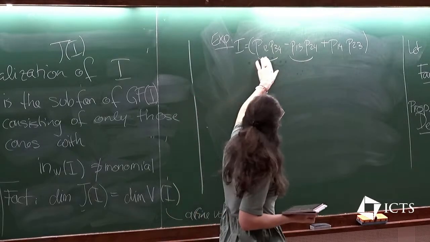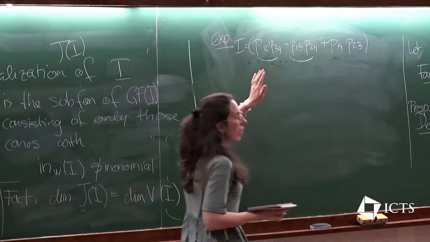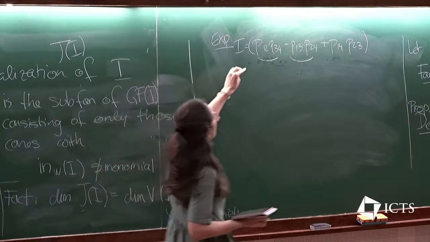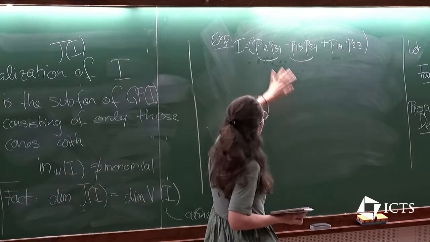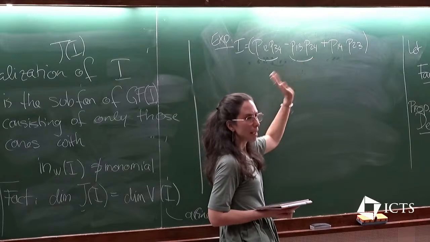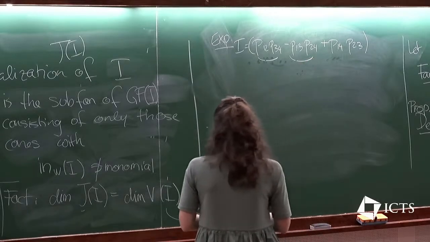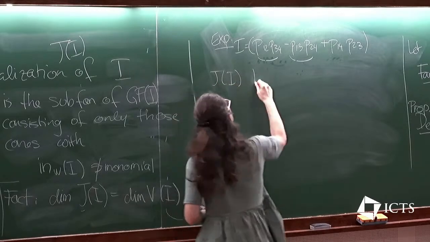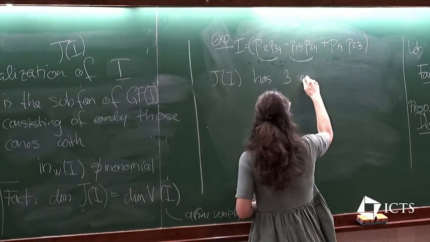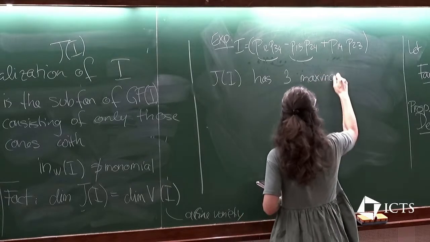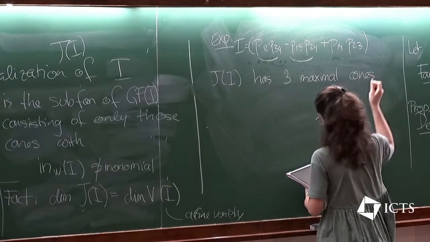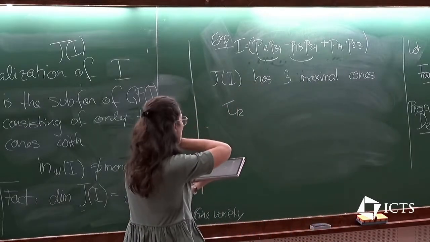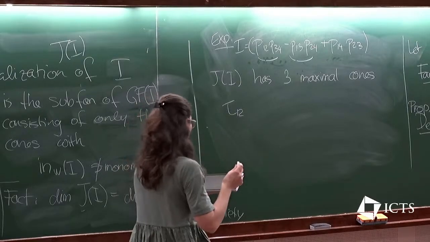So in this case, also for every monomial, I get one maximal cone in the tropicalization. And there are conditions on the weights that I will write down now that will exactly tell me which cone corresponds to which. So then the tropicalization of I has three maximal cones. And I will index them by the monomial that will not survive.